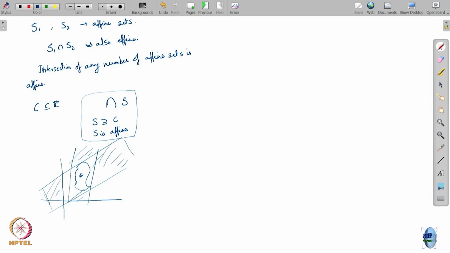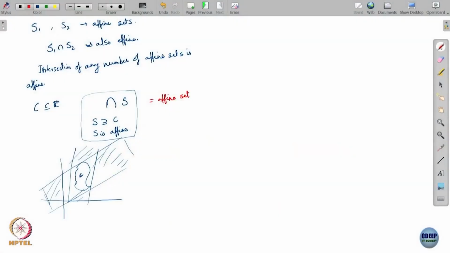The thing that I have boxed here is itself an affine set, because it is an intersection of affine sets. Since it is itself an affine set, it must contain C, because all the S's also contain C. So it is an affine set that contains C, so it is in fact included in this list, when you run over all the affine sets that contain C. So what does that mean?